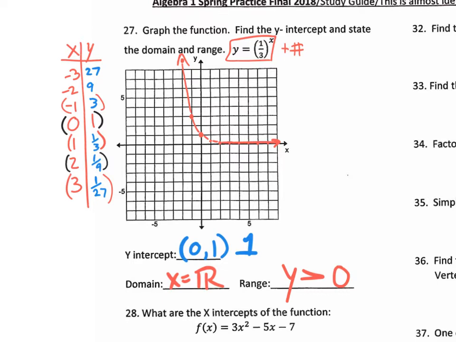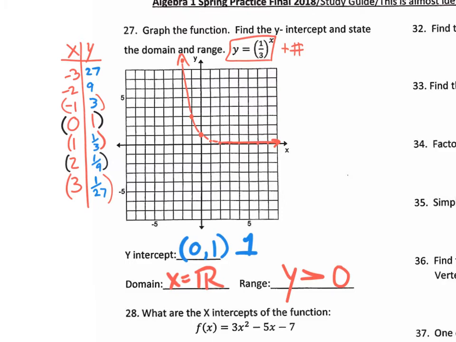But right here, it's not greater than or equal to, because, ladies and gentlemen, it never actually touches the y value of 0. I mean, it looks like it touches 0 right here, but we know that it never actually touches, it just infinitely approaches. So if you put the or equal to, it would be wrong. It's just y is above 0. It never actually touches 0, so it's never actually equal to 0.